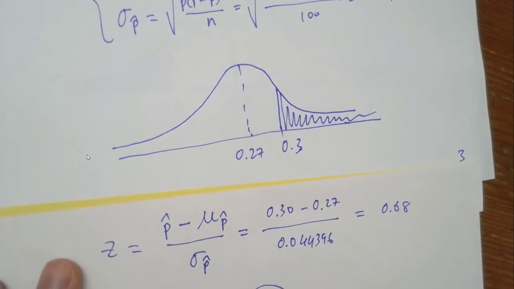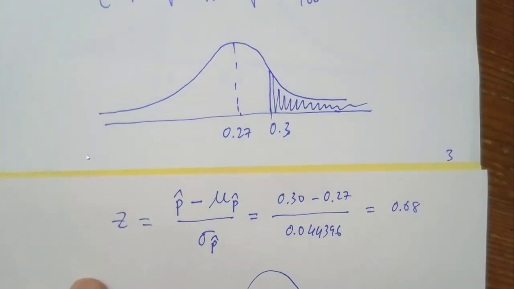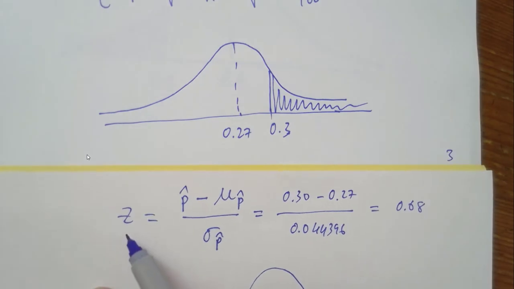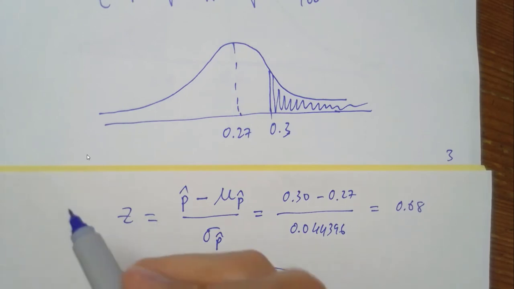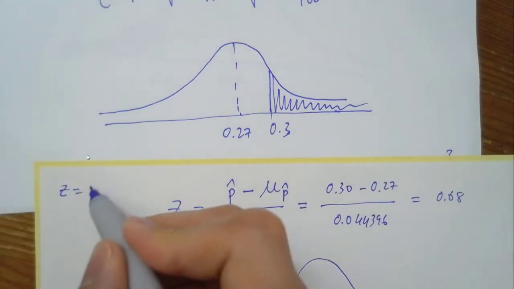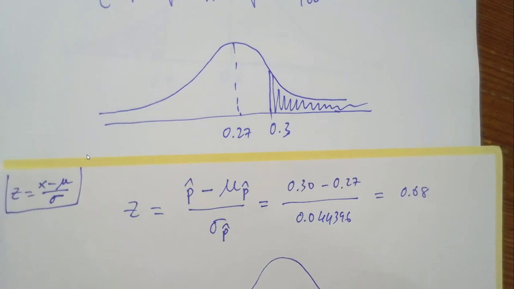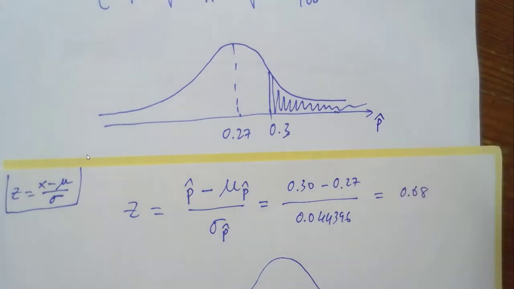Okay. I can still apply the standard normal distribution, but first I have to find the z-score. The z-score, from the last chapter, equals x minus the mean divided by the standard deviation. In this case, we are talking about the sample proportion.